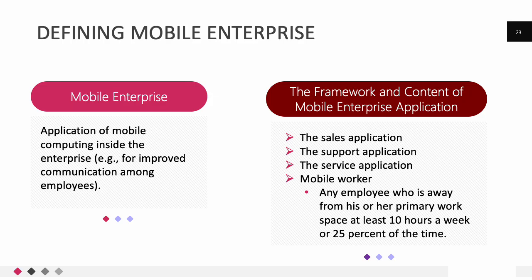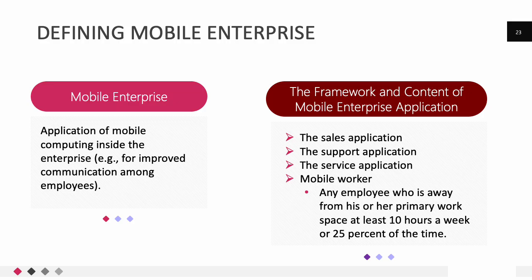It's all about using mobile technology to improve communication and efficiency within a business. For example, salespeople can use mobile apps to track customers' orders, support teams can help clients remotely, and service staff can update reports while on the move.